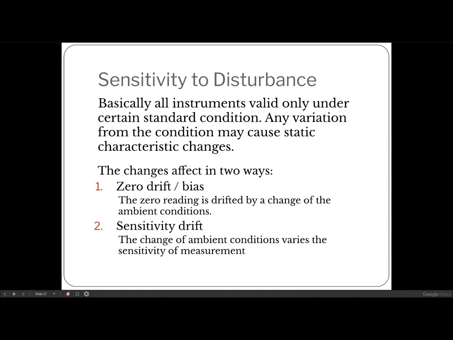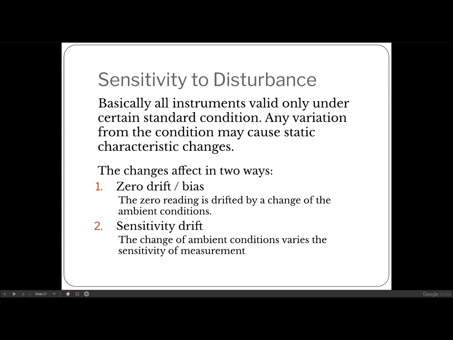The next one is the sensitivity to disturbance. We discussed it before. If you have a digital instrument, there might be some disturbance from the environment, when the electric current sometimes deviates because of the environment.